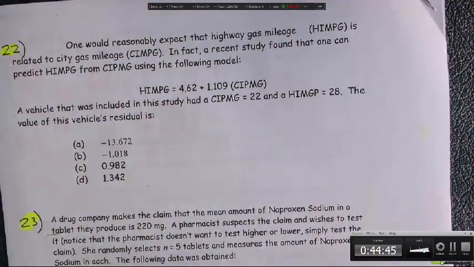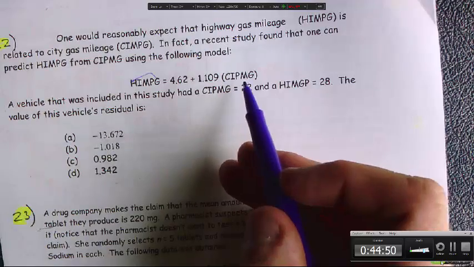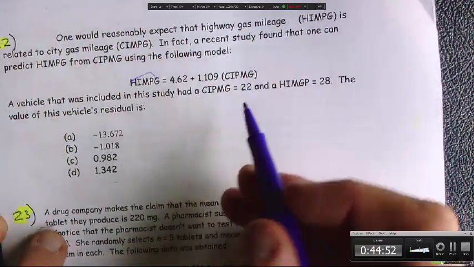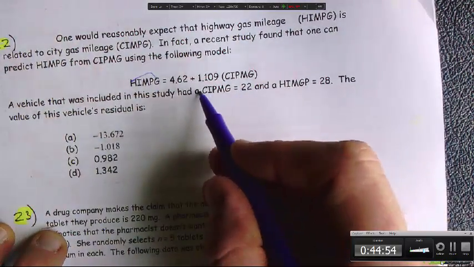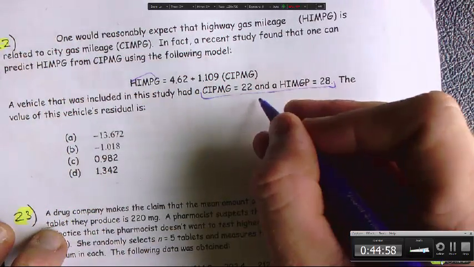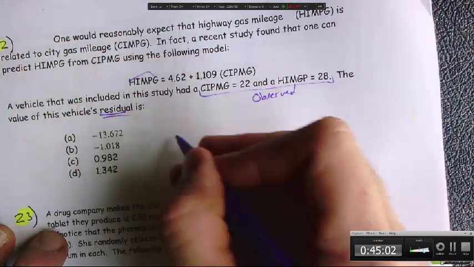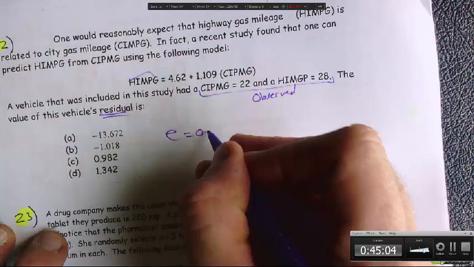Linear regression. Predicted highway is 4.62 plus 1.109 city mileage. A vehicle that was included in the study had a city mileage of 22 with a highway mileage of 28. This is the observed. To find the residual, we're going to do error is equal to observed minus predicted.